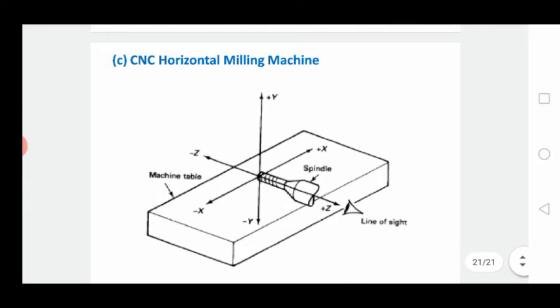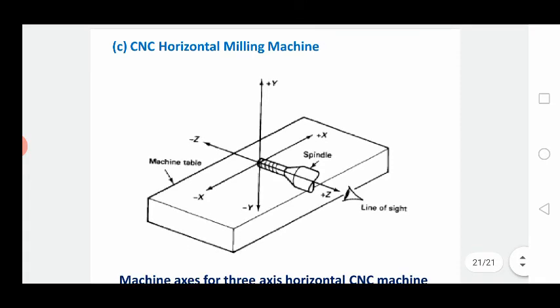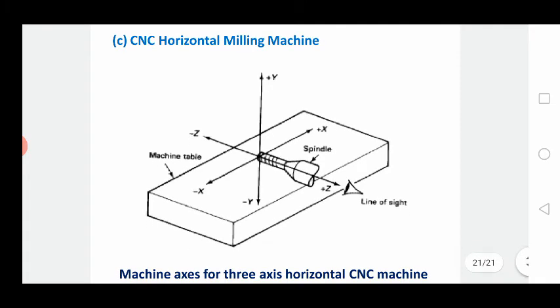Next comes the third one, that is the CNC horizontal milling machine. Here the machine axes are for horizontal CNC machines, where the spindle is in a horizontal position. Again the axis of the spindle is defined as the z axis, the vertical axis is the y axis, and the horizontal sideways is the x axis.